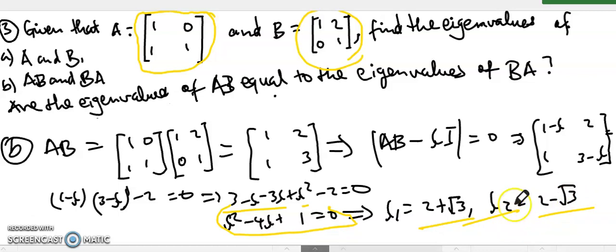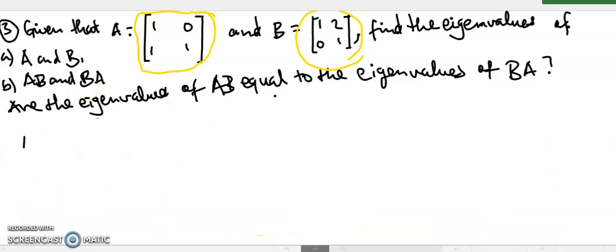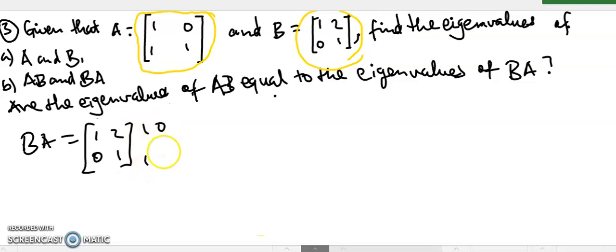So now let us find the eigenvalues of BA. This is AB, so let's find the eigenvalues for BA. For BA, this will simply be equal to our B, which is 1 2 0 1, and our A, which is 1 0 1 1.